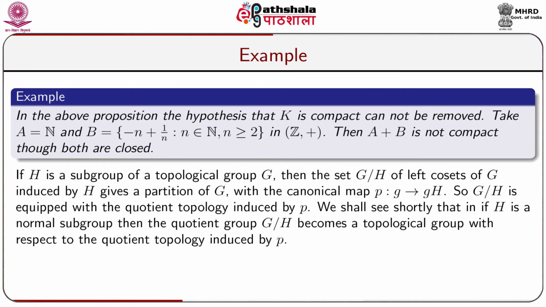Then both A and B are closed in R, but none of them is compact. Now, if we consider the set A plus B, then we get the set of 1 by n, such that n belongs to N and n is greater than or equal to 2.